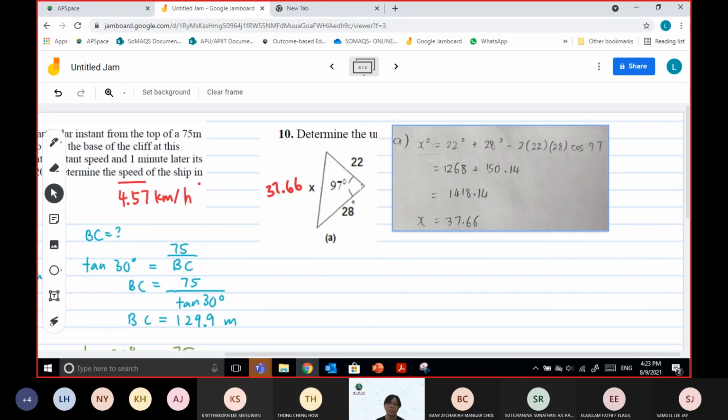For this question, we can't use the sine rule because none of the sides of the triangle is given, so I have no choice but to use the cosine rule. Here he uses the cosine rule: x squared equals 22 squared plus 28 squared minus 2 times 22 times 28 times cos 97. Because 97 degrees is the corresponding angle for x, correct. So he solved it to get 37.66. Correct?